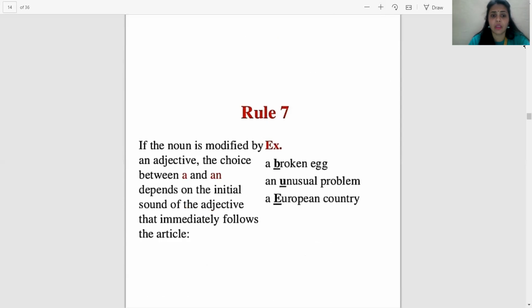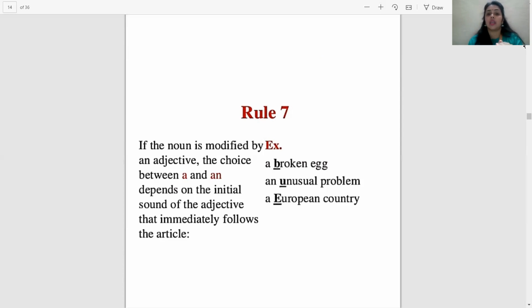Rule 7. If a noun is modified by an adjective, you should understand the role of an adjective in the English language. It modifies, it adds value to the noun. It describes. Adjectives are also known as describing words, which describe a noun or a pronoun. So we have to take care while choosing the article a or an.